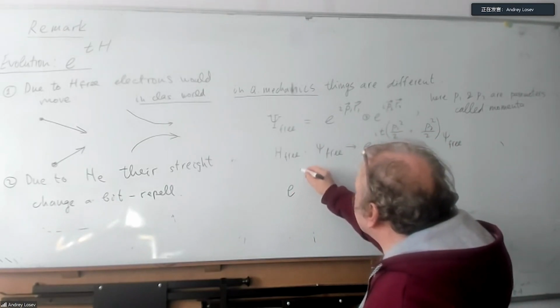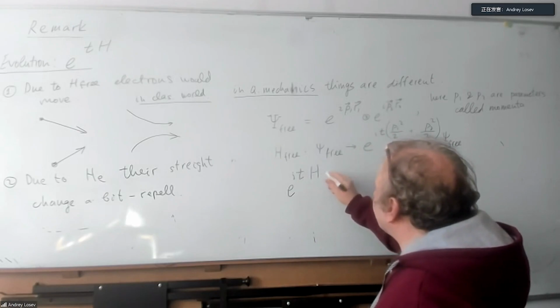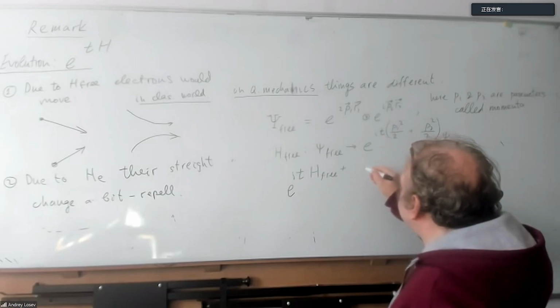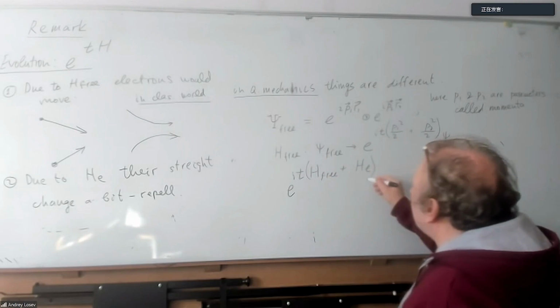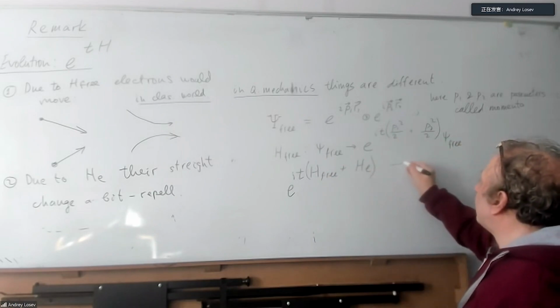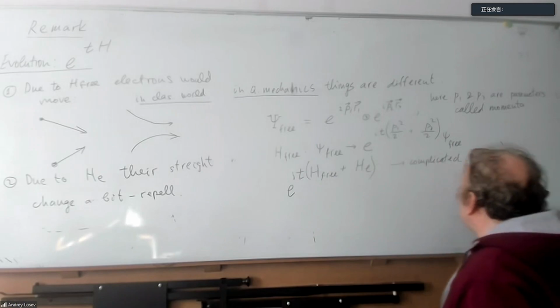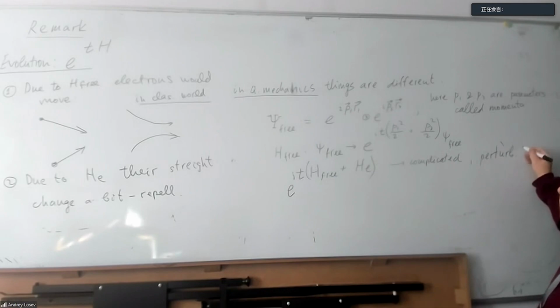So it is simple. However, we need to study e to the itH. So here we have H3 plus HE. So it is complicated. But we will do perturbation theory in E squared.